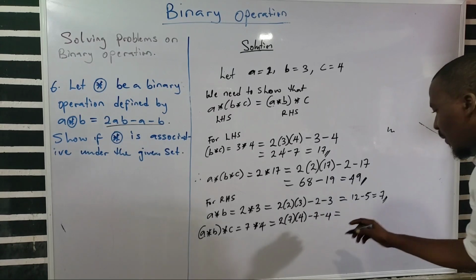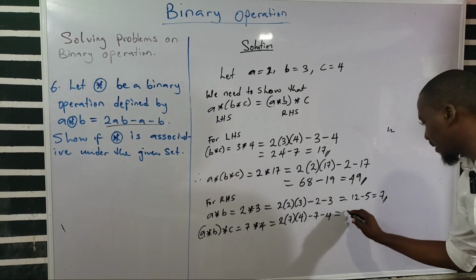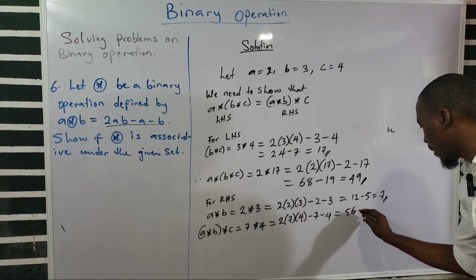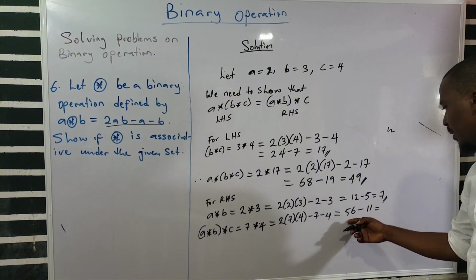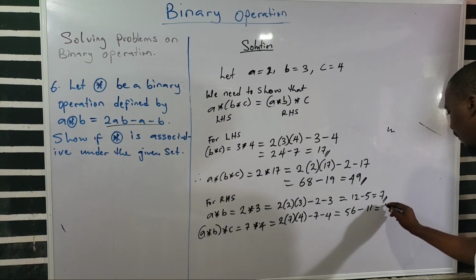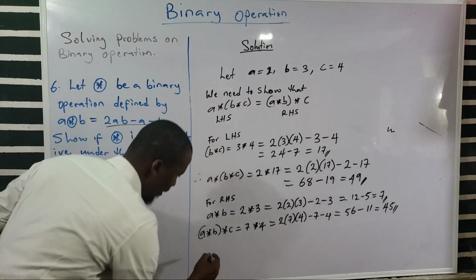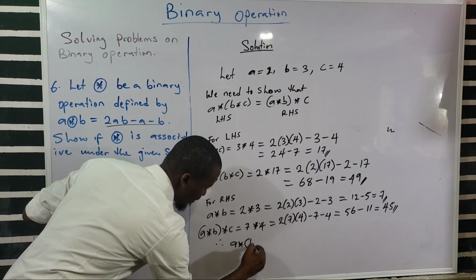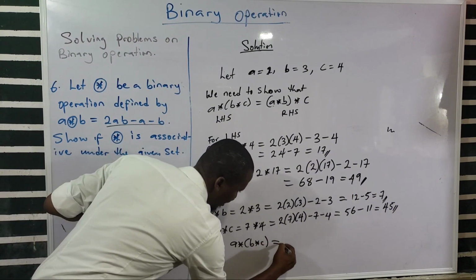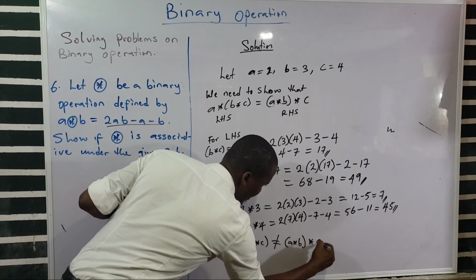That will give us 2 times 7, 14. 14 times 4 will give us 56, minus 11, so everything we have is 45. So therefore, A binary (B binary C) is not equal to (A binary B) binary C.